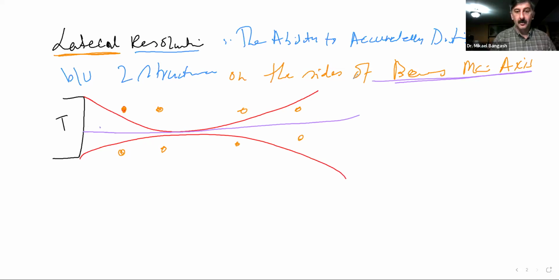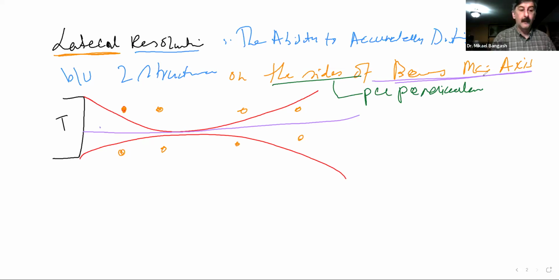So either side by side, or on the sides of the beam's main axis, or what we can also say is perpendicular to the beam's main axis.